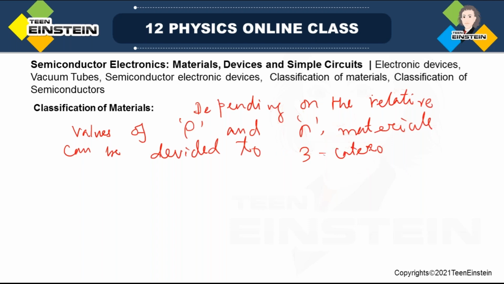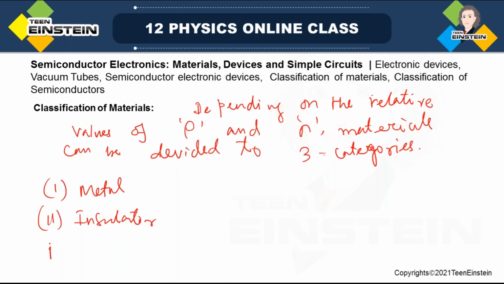Three categories. What are those? One is metal, then insulator, and semiconductor.